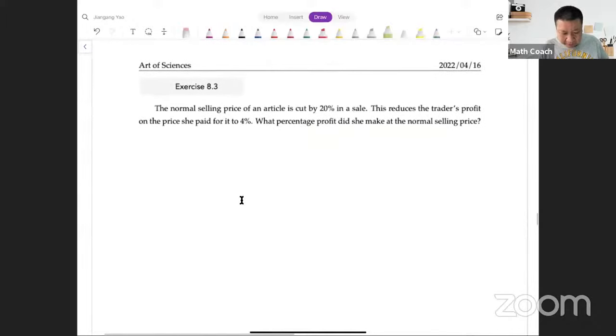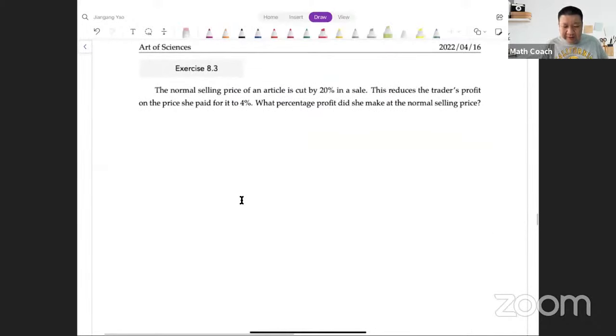Question 8.3. The normal selling price of an article is cut by 20% in a sale. Okay, 86, go ahead. So 86, your answer is wrong.